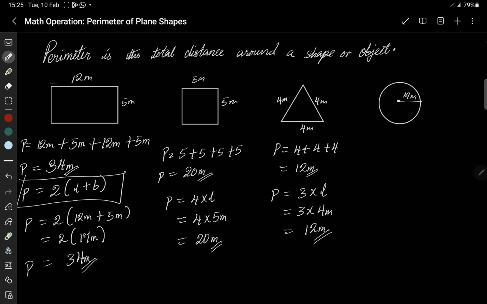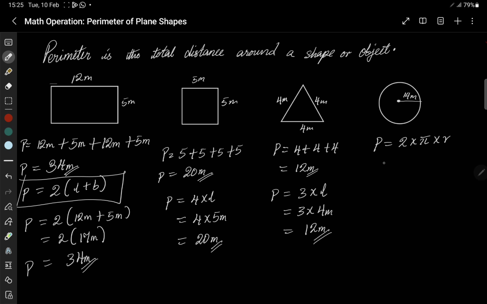So perimeter is equal to 2 times pi times radius, and our pi is constant, which is 22/7 or 3.142. You get it now? It's either 22/7 as a fraction or as a decimal, 3.142.